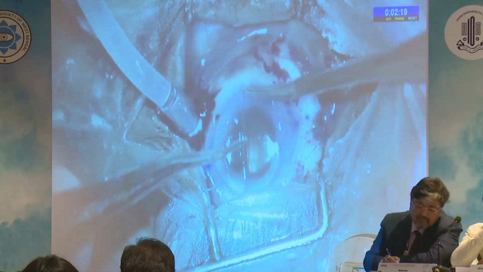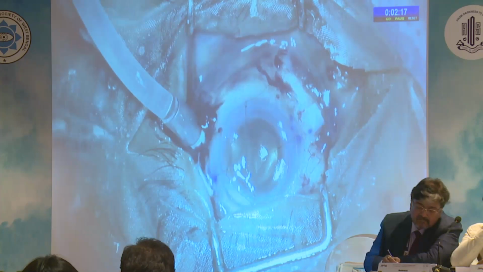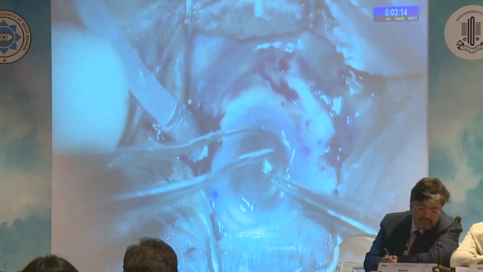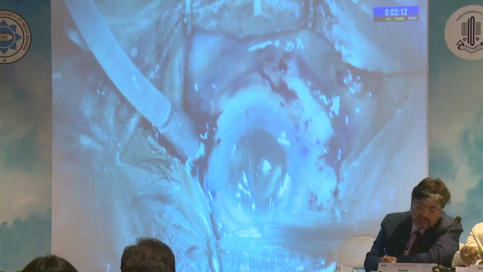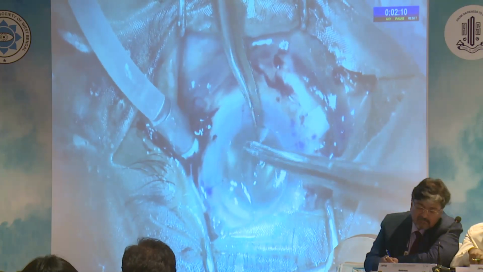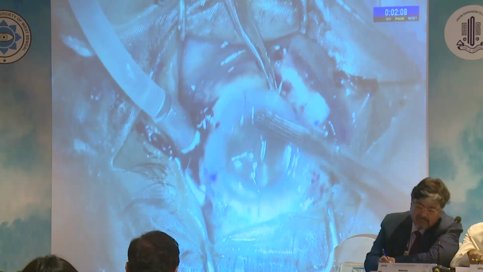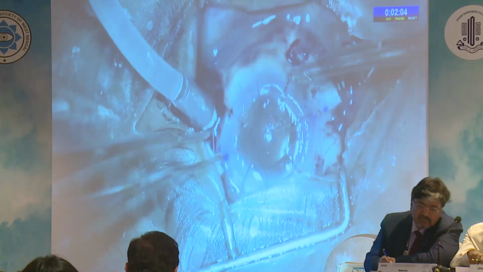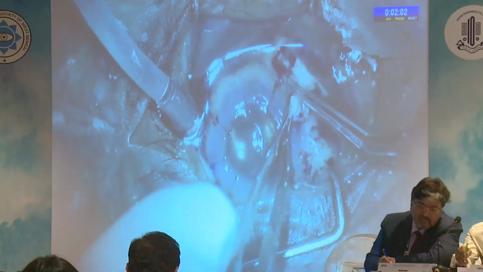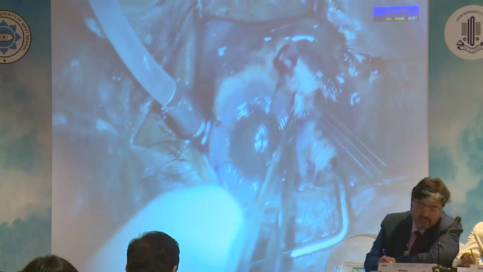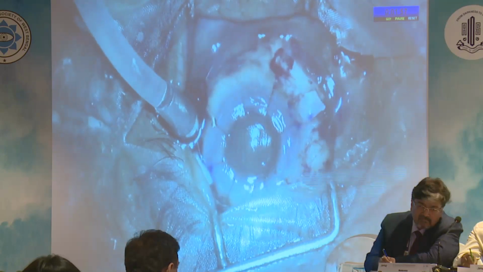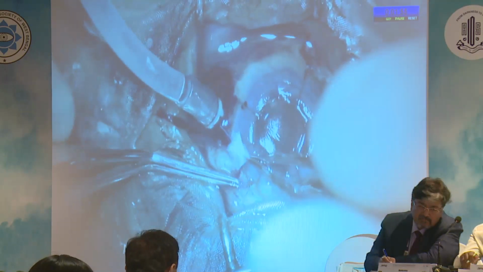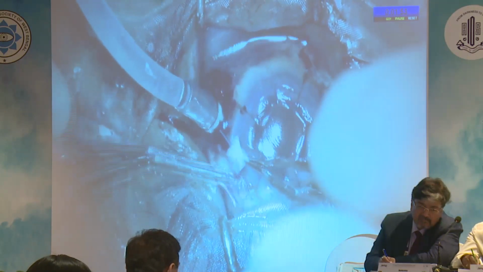and the cut donor cornea is being sutured, which is 8 mm, and the 4 cardinal sutures are put. After putting the 4 more sutures, we are tucking in the trailing as well as the leading haptic of the 3-piece IOL into the scleral tunnel.